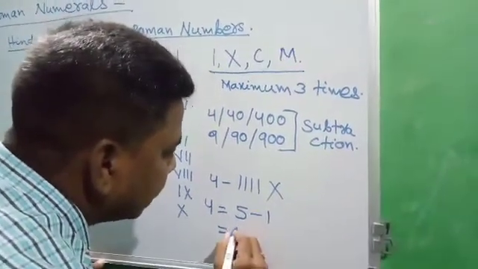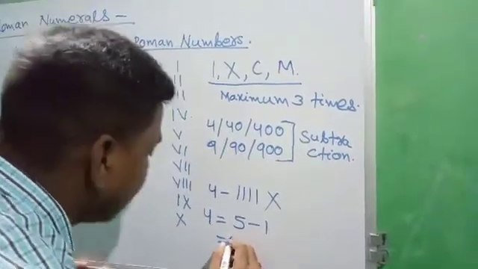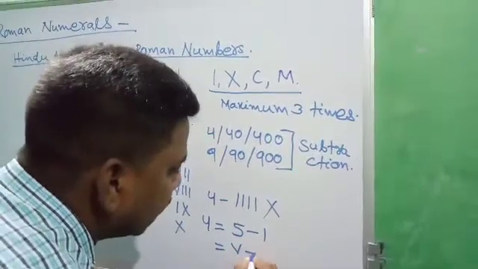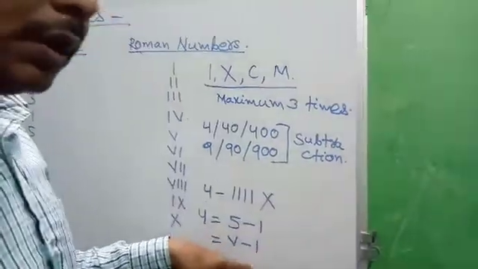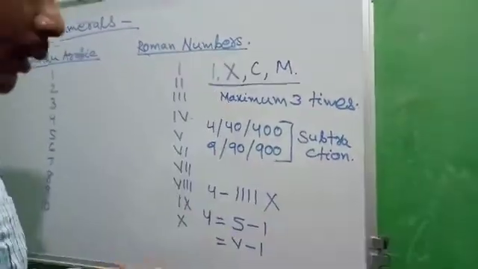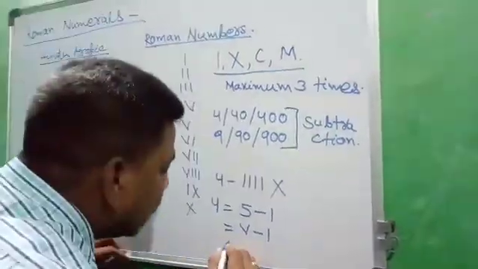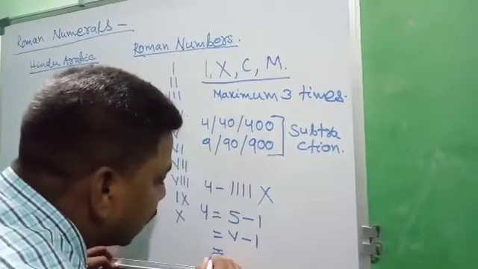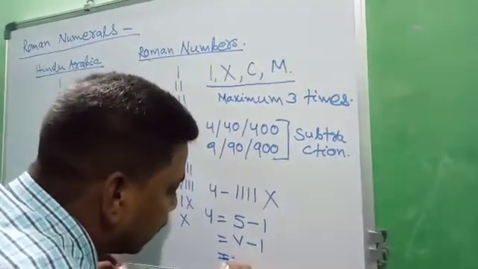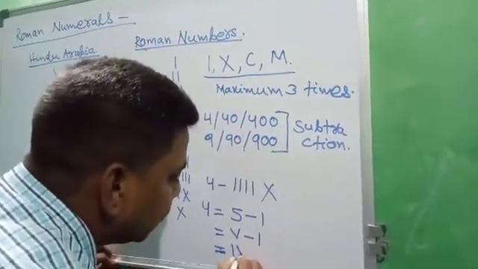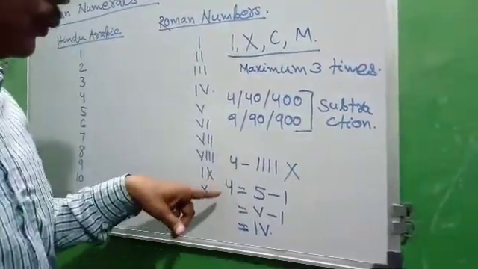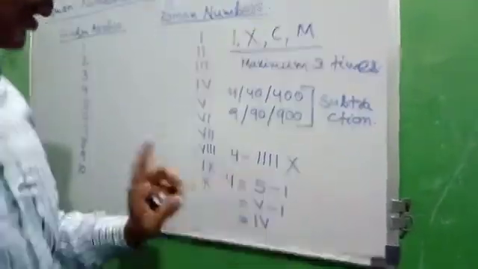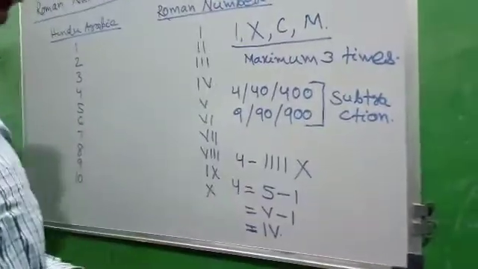The letter for 5 is V and for 1 is I. And when we subtract, the smaller number comes first. We have to write the smaller letter first, then the bigger one. That's why the Roman numeral for 4 is IV.